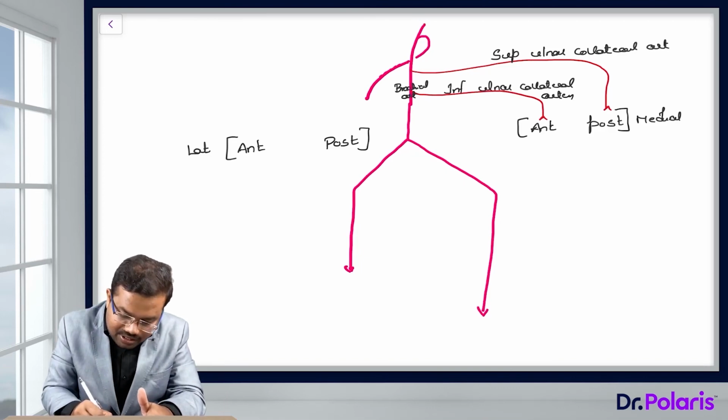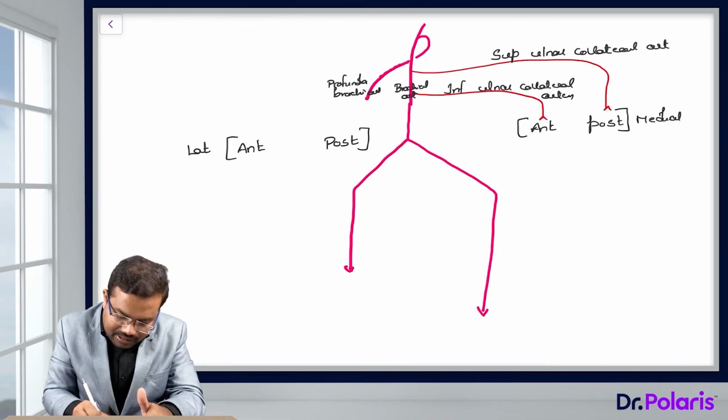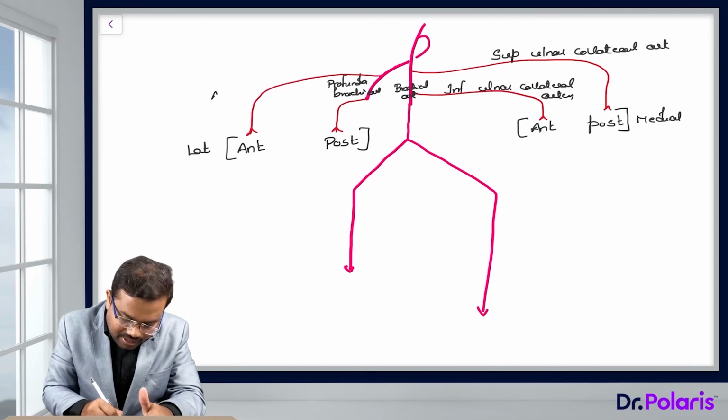Whereas another artery is called the profunda brachii artery. It is very simple to understand that the profunda brachii artery on the anterior side is called the anterior descending artery, and on the posterior side it is called the posterior descending artery.